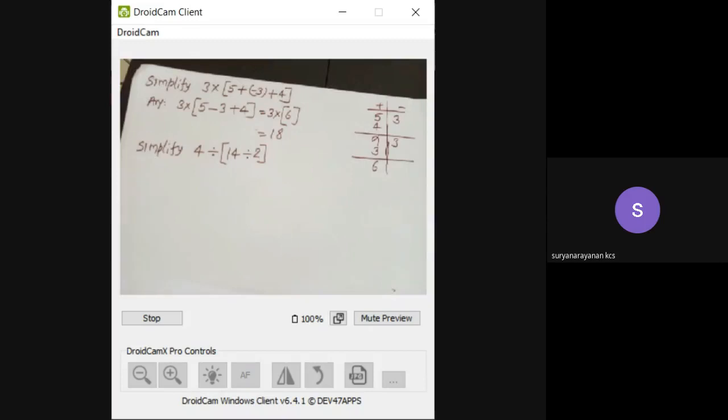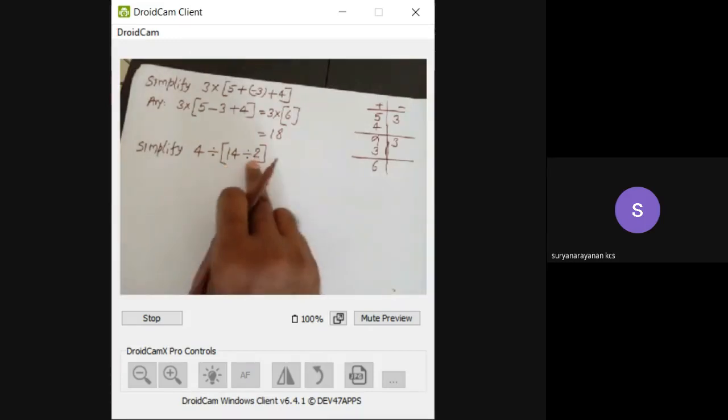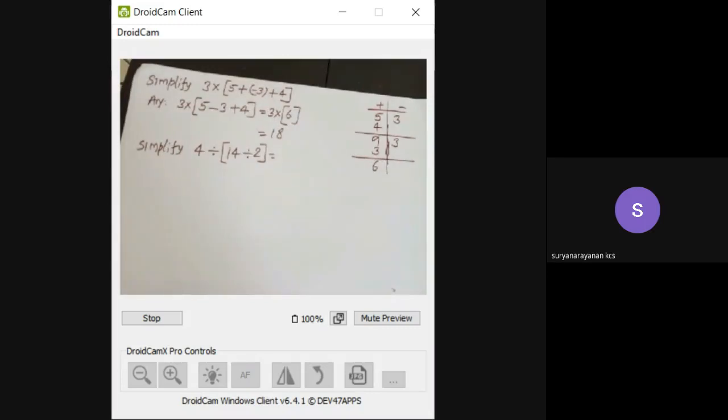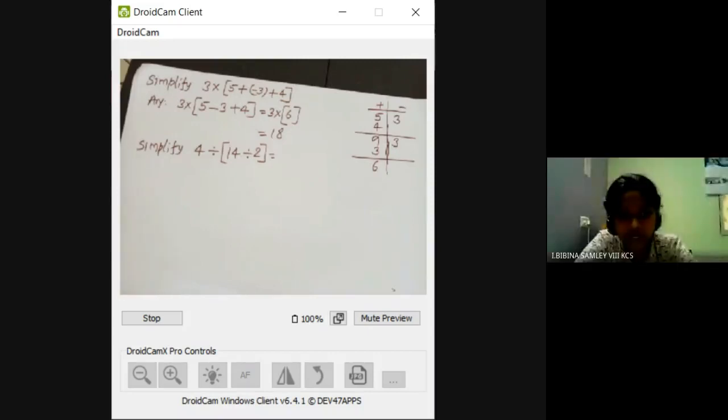4 divided by [14 divided by 2]. Can you tell me the answer? Follow the same rule. First of all, simplify the numbers which are written in the square brackets. 4 by 7.